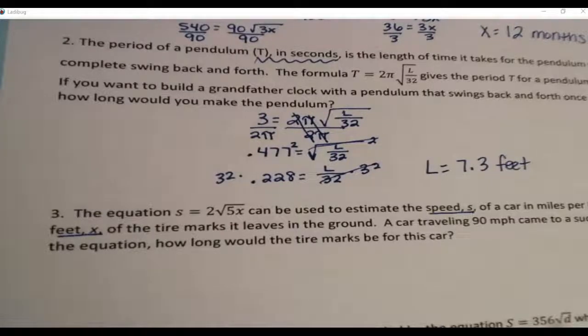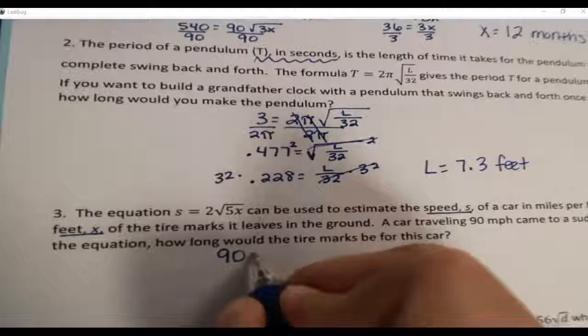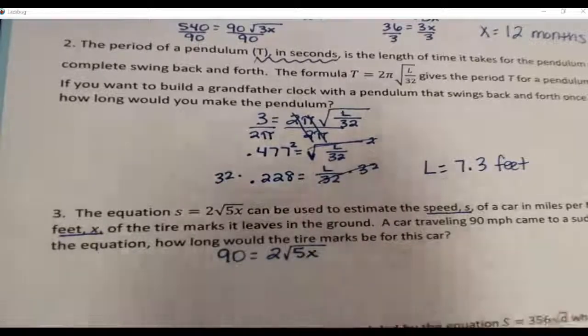So we have 90 miles per hour. Do we plug that in for S or X? S. Good, because that's our speed. So 90 equals 2 square root of 5x.